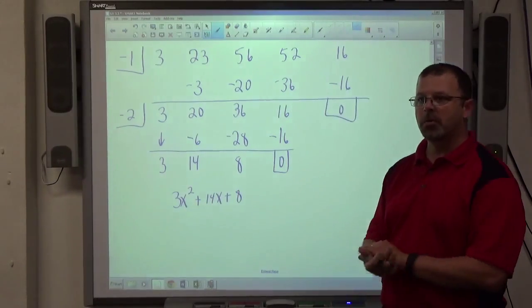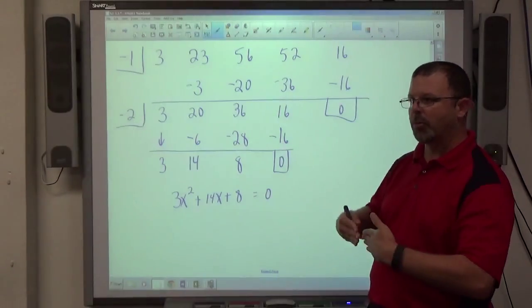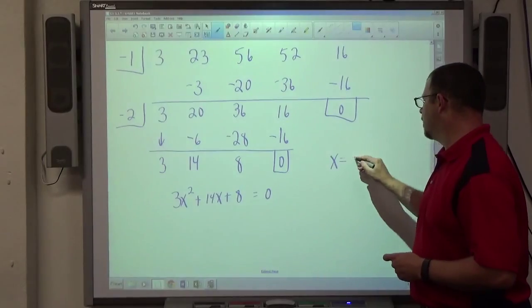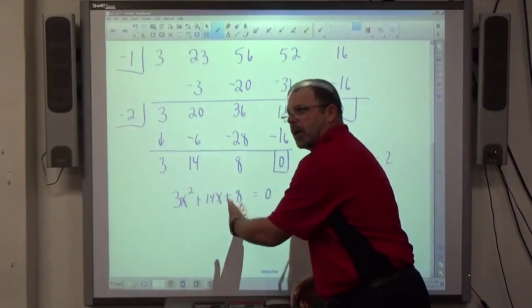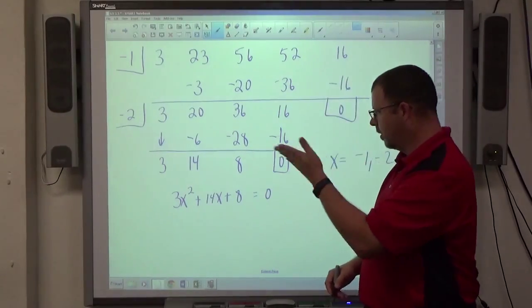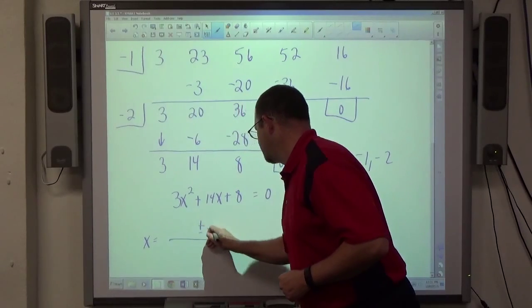Now the quadratic formula can be used because we're trying to find that equal to 0, once you reduce your polynomial down. So when I start writing my answers, x equals -1, -2, the answer is already found right here, along with whatever the answers are to this, which if we were to do the quadratic formula, here's our structure.